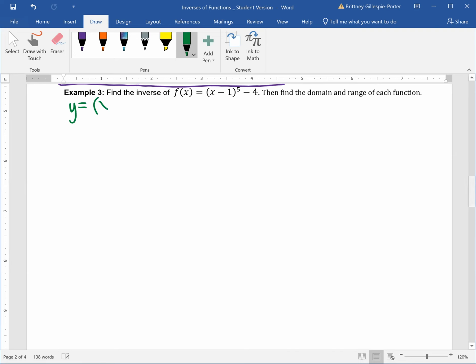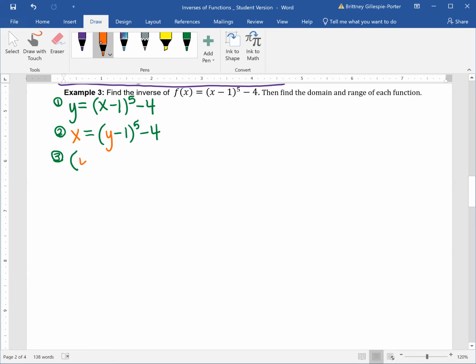So y is equal to (x minus 1) to the 5th minus 4. That's step 1. Step 2 says flip x and y. So instead of y equals, we're going to have x equals, and then we have (y minus 1) to the 5th minus 4. Step 3 says that we need to solve for y.